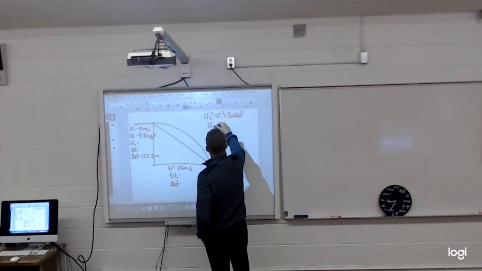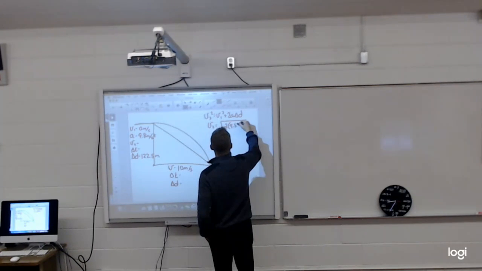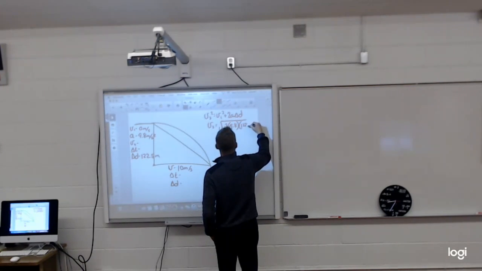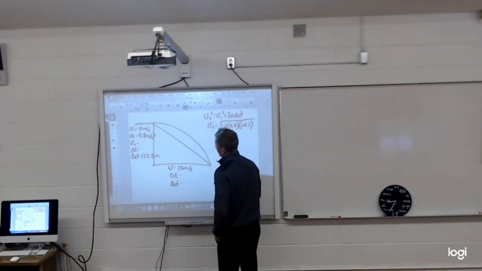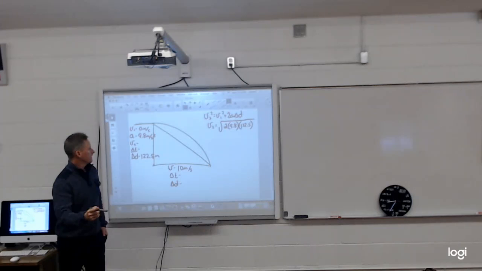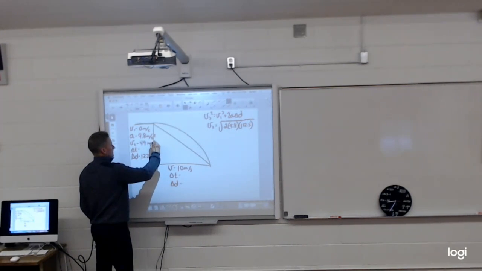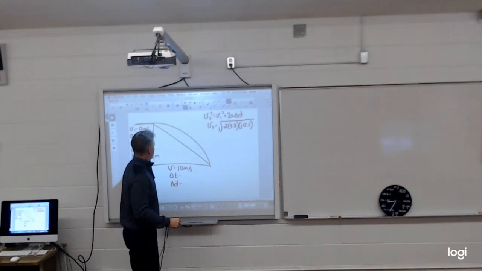So V2 is equal to the square root of 2 times 9.8 times 122.5. So what's the velocity that it's going to hit the ground at? 49 meters per second. Okay, 49 meters per second.